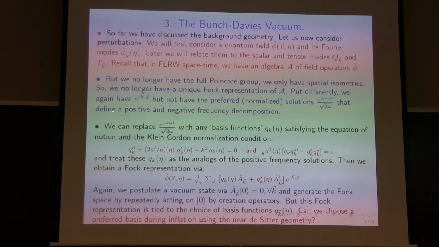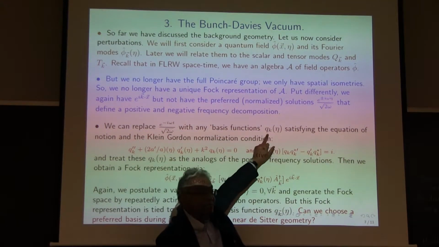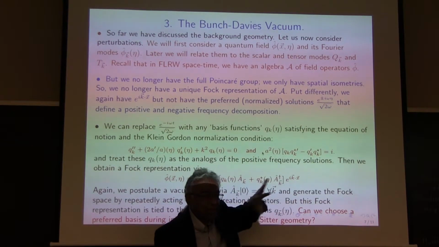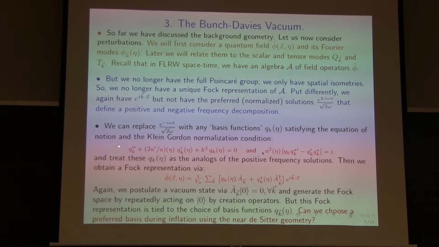We have seen that we do not have Poincare invariance, therefore these basis functions have to be replaced by some other basis function, and in place of this we can use any basis. I'm calling it now qk rather than ek, because I want to relate it to the Mukhanov-Sasaki perturbations. So these are cosmological perturbations rather than abstract perturbations. And then we saw that it should satisfy this equation, and there is a normalization condition it should satisfy.